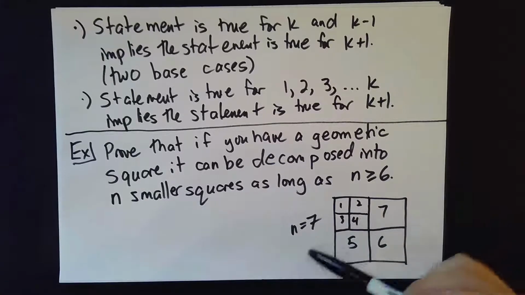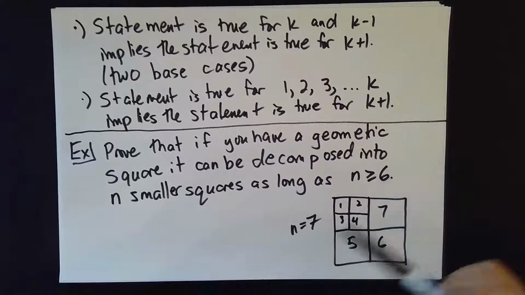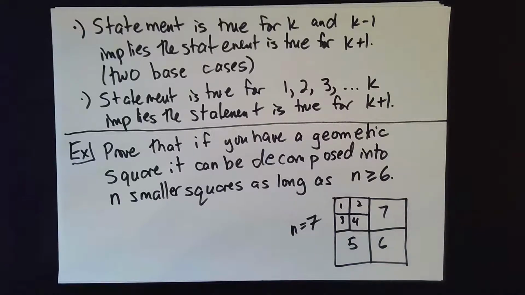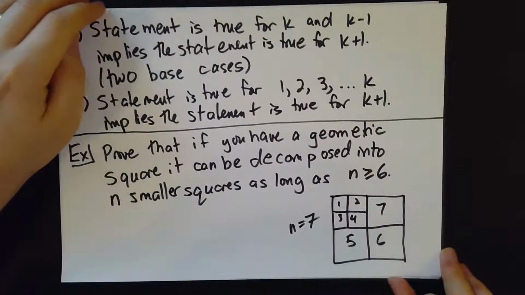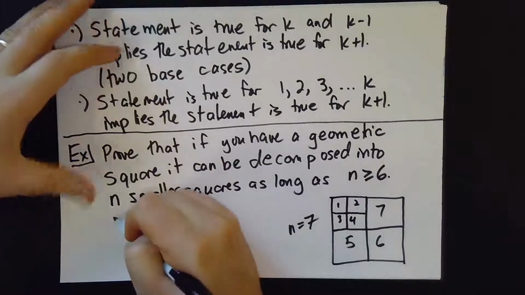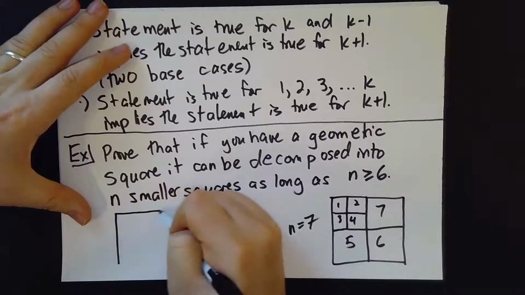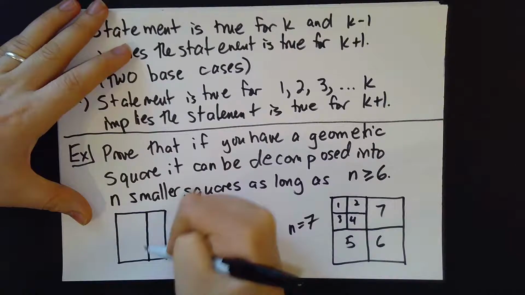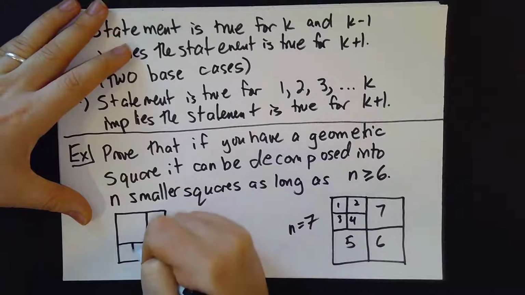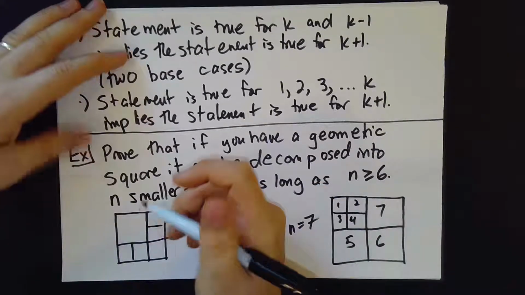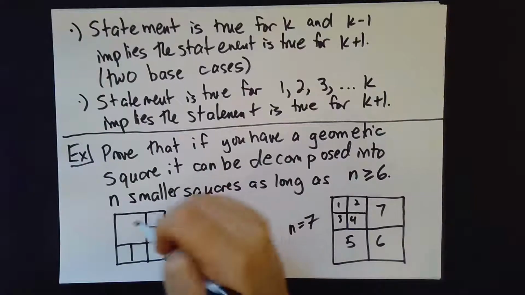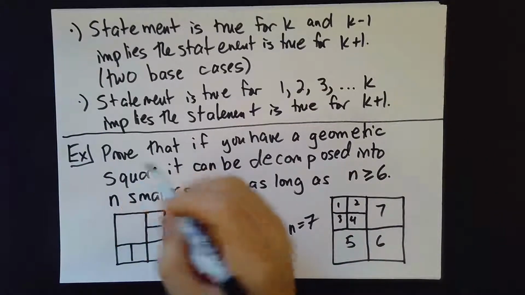So here I have broken a square into 7 smaller squares. Here, I've broken a square into, I think, 6 smaller squares.